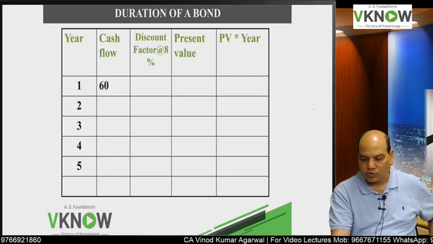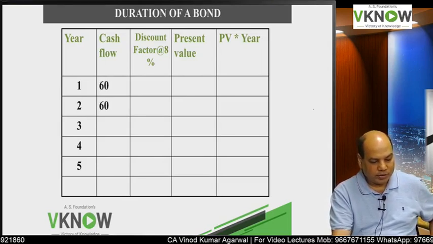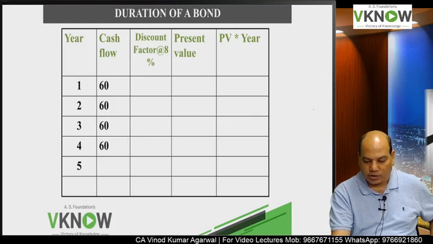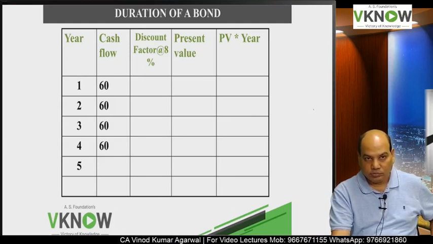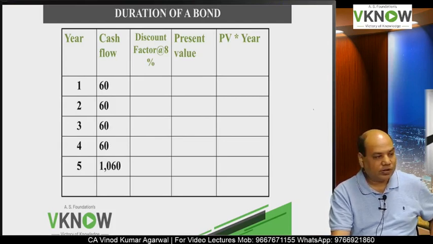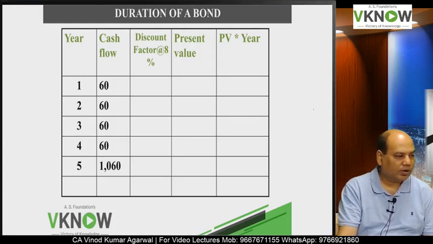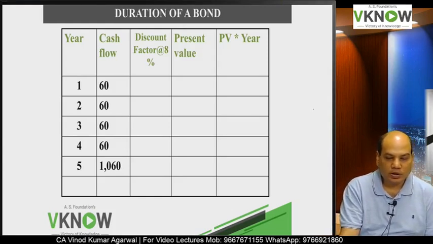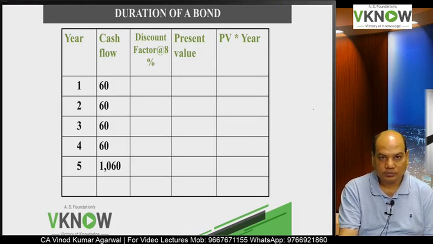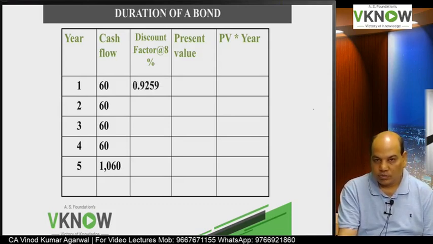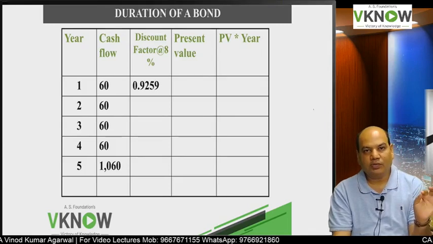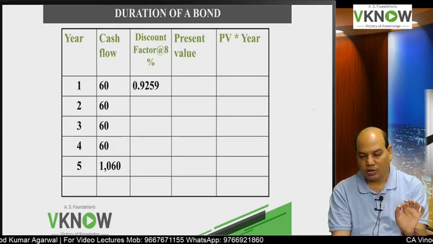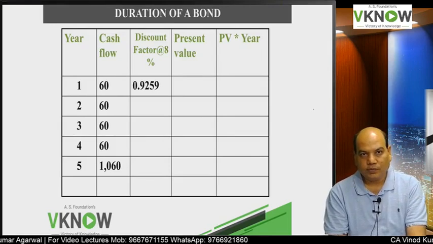Okay. Cash flow, write down 6% of 1000, which is 60. In the last year, you will write 60 plus 1000, 1060. Now next is, take your calculator, 1 divided by 1.08 equal to 0.9259.